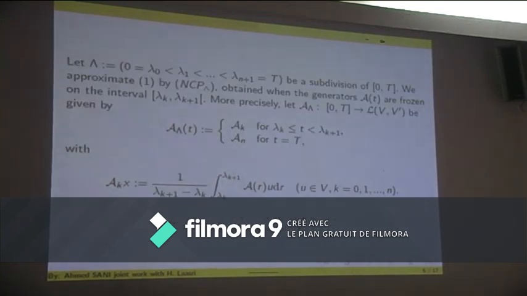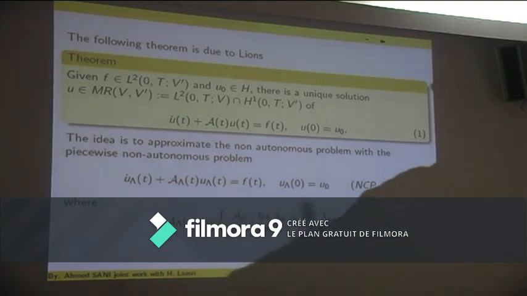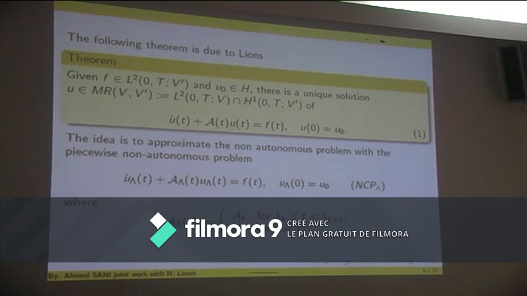Alors, here I construct an approximate non-autonomous problem, but piecewise. That means that our function A is piecewise non-autonomous. It's constant on subintervals of [0,T].